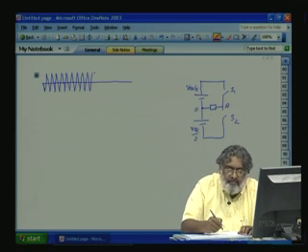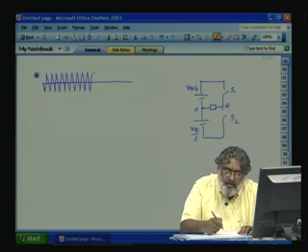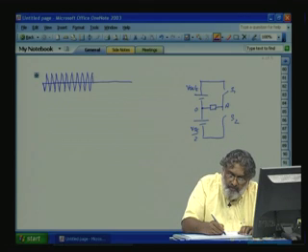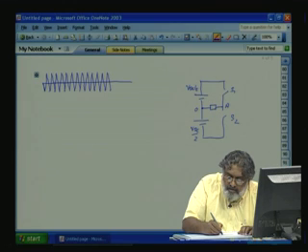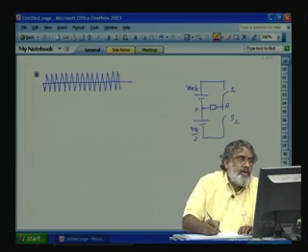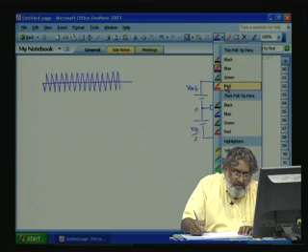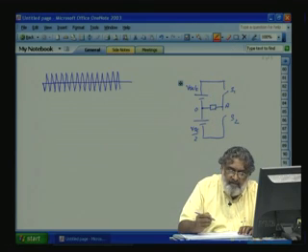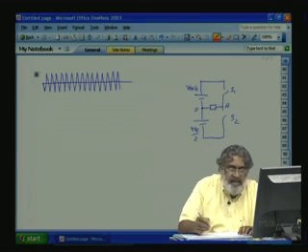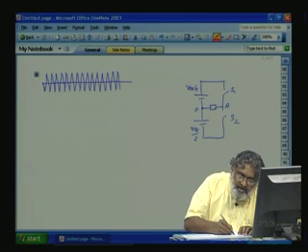So the PWM will also have an odd symmetry. Now let us draw our sine waveform. That is called the modulating waveform. The triangle waveform is called the carrier waveform. So let our modulating waveform be like this.